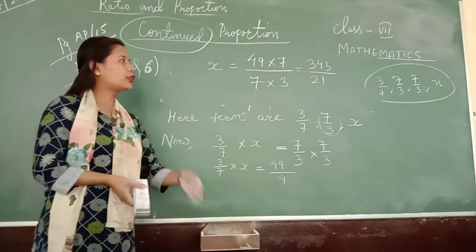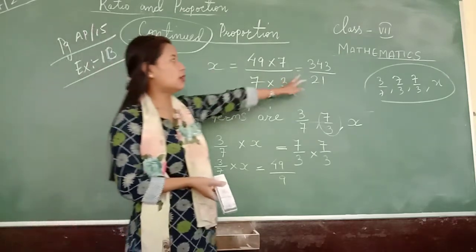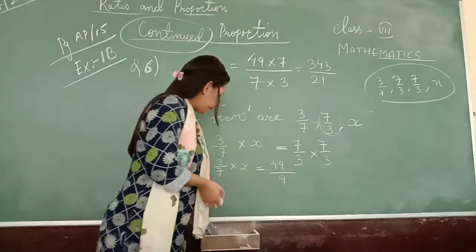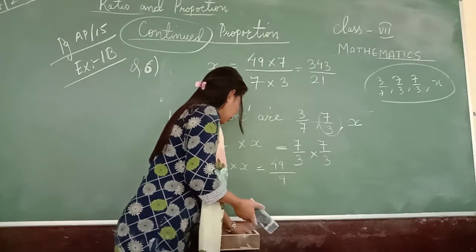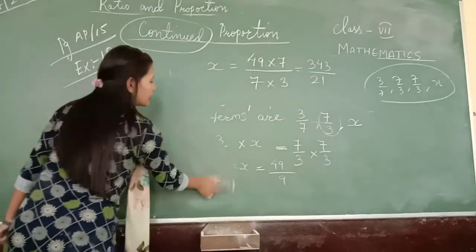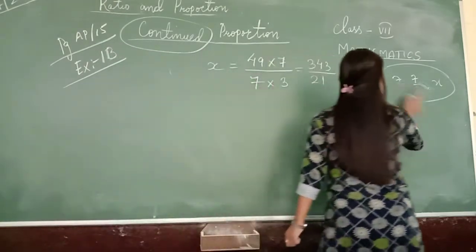So you can conclude your answer by writing the third proportional to the given terms is 343 by 21. Is that clear? So this is how you find the third proportional. Now in question number 7, you need to find the mean proportional. Okay, that is the term b.